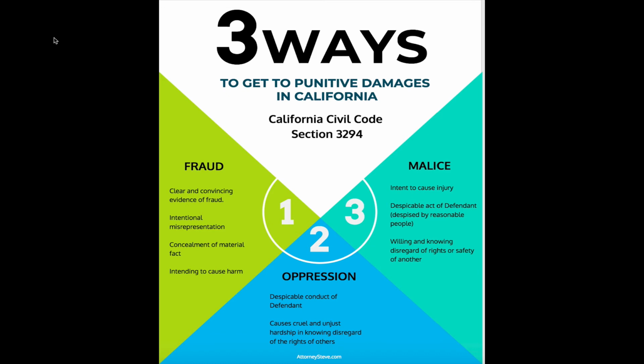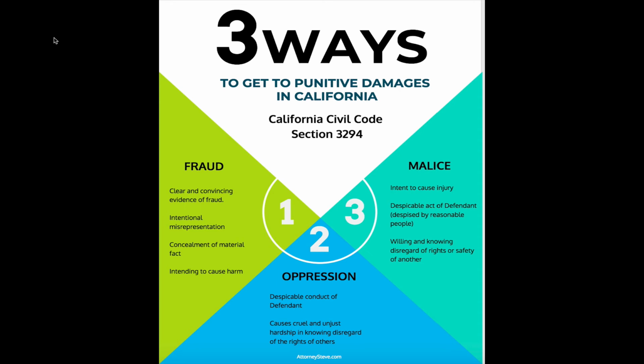Things that are despised by reasonable people. What's a reasonable person? Tell it to the jury. Hopefully they agree with you. And malice, willing and knowing disregard of the rights or safety of another. So despicable acts, knowing and willful disregard of the rights or the safety of another.